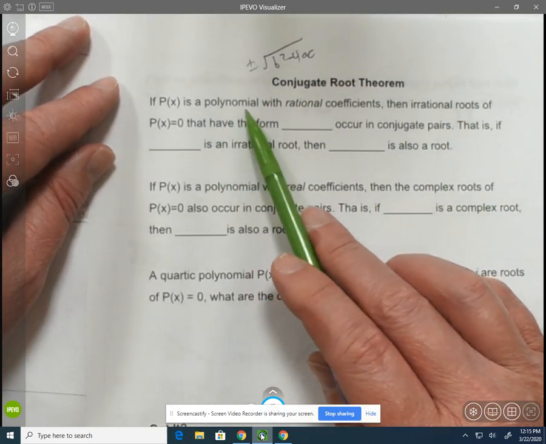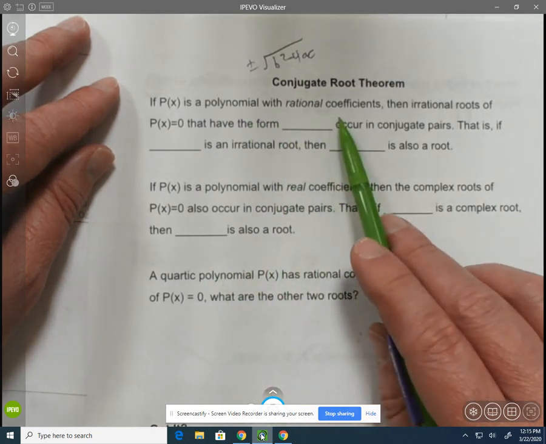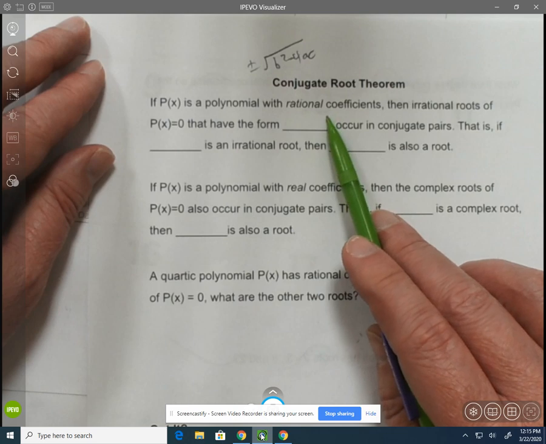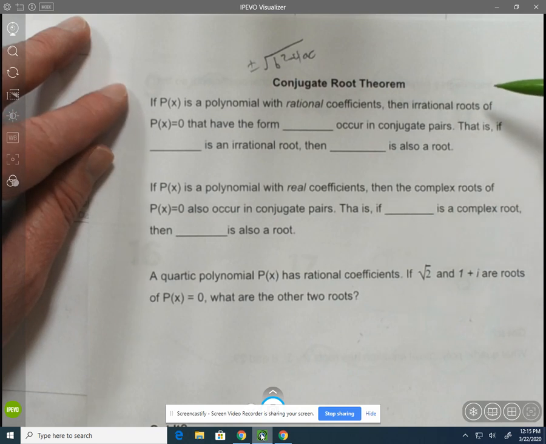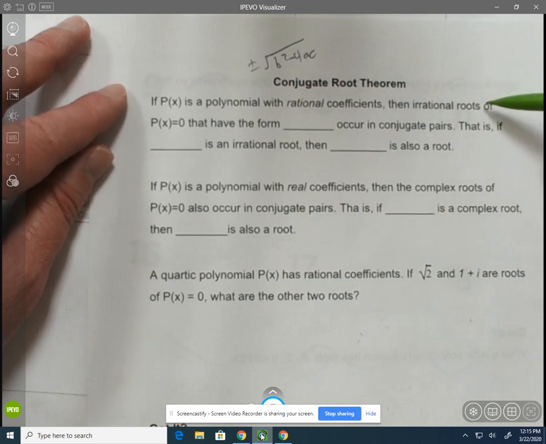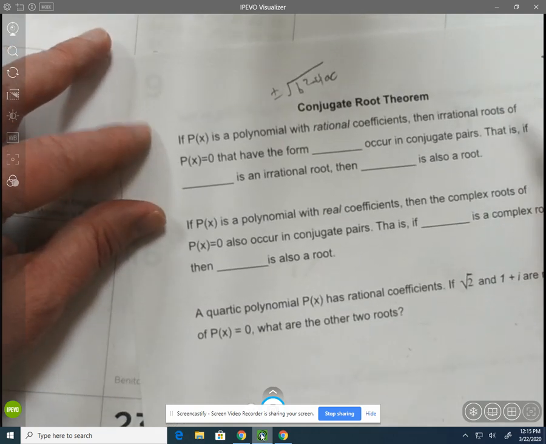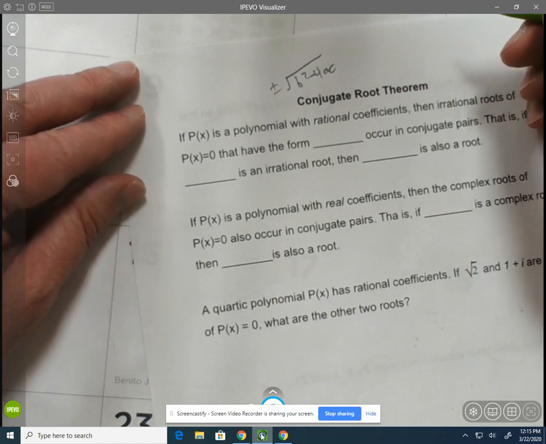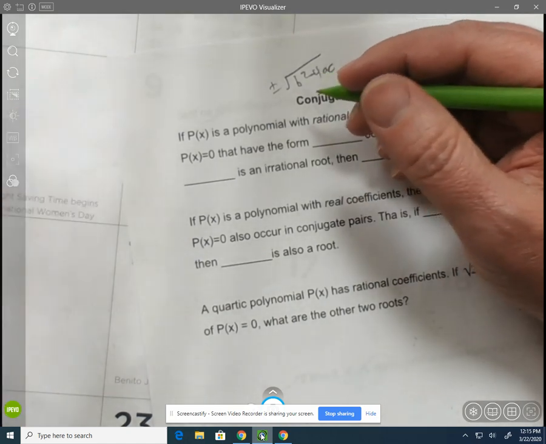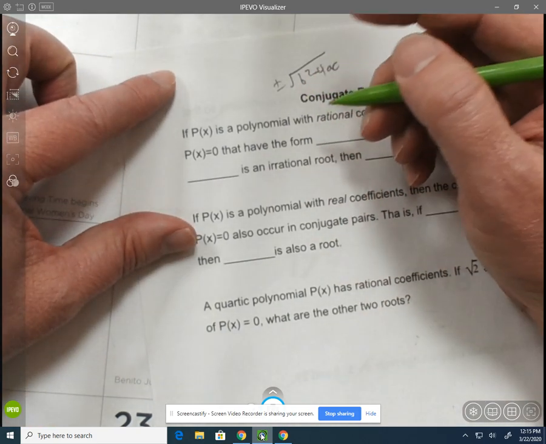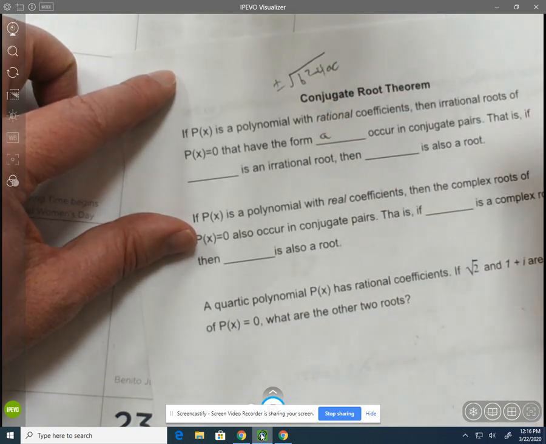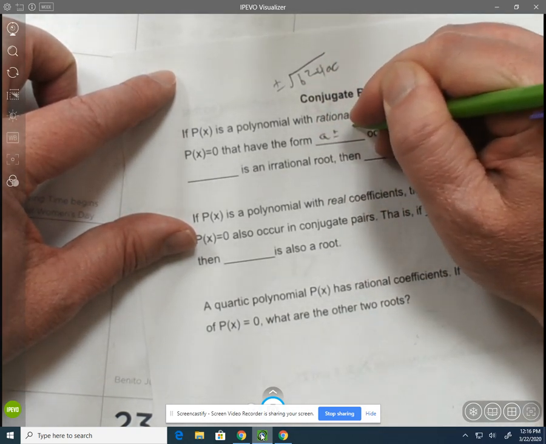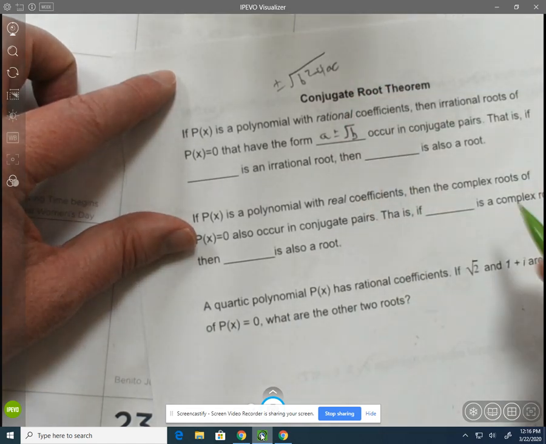It says, if p of x is a polynomial with rational coefficients, so if it has coefficients that we can put as fractions, or decimals that terminate, then the irrational roots, if there are any irrational roots, roots that involve the square root of 5 or something like that, if they come in the form of a plus or minus the square root of b, they always occur in conjugate pairs.